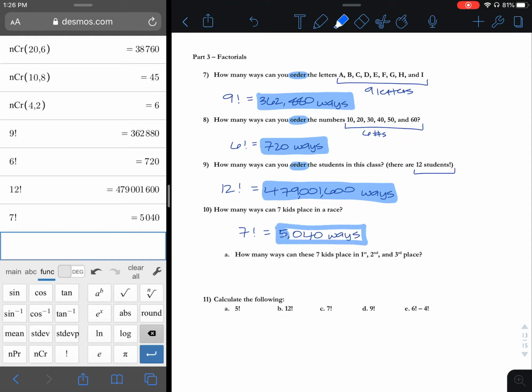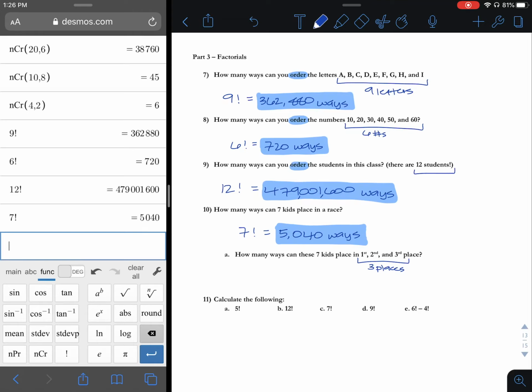Okay, but then I have another question. It says, how many ways can these 7 kids place in first, second, or third? So I have 3 places. What I want to know is, of those 7, how many can we pick to be in first, second, and third place? So now we're going back to actually combinations, okay?